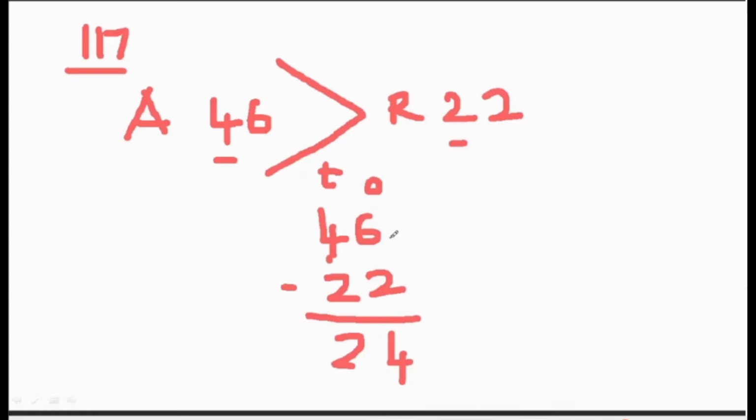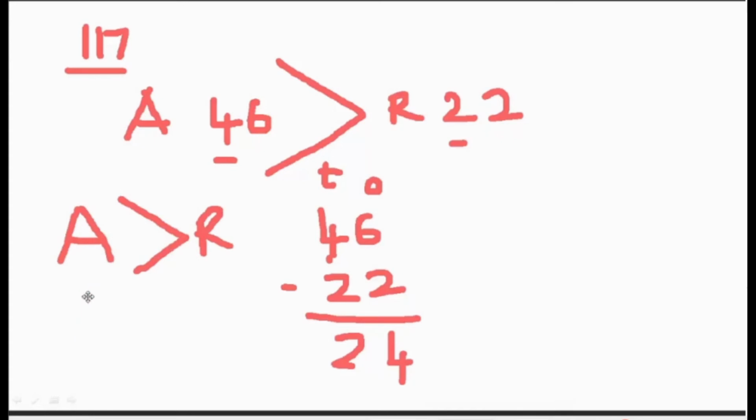Now we are going to find out who has more. Anjali is having more. She's having 24 pencils more than Rima. Who has less pencil? Rima is having less pencil. Since she had less pencil, we wrote her second.